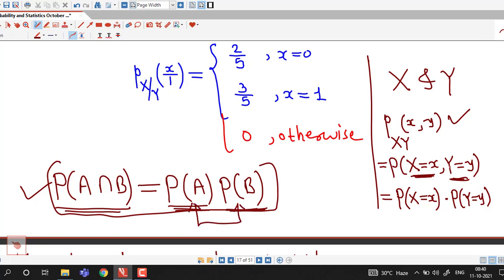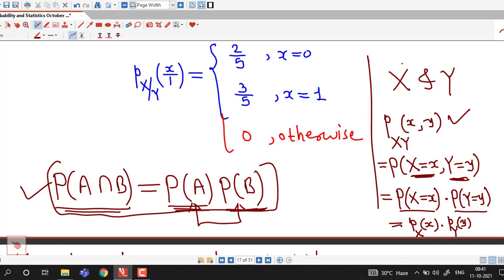Now this is nothing but the value of the probability mass function of x at point x, and the PMF of y at point y.